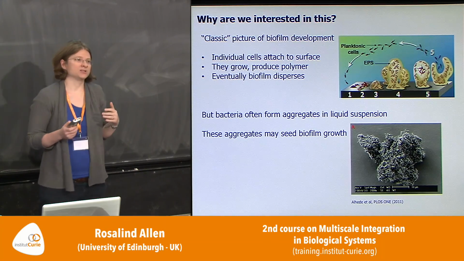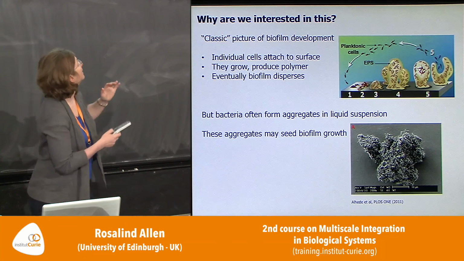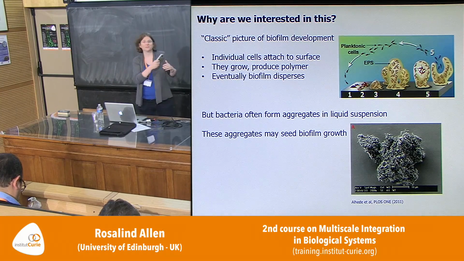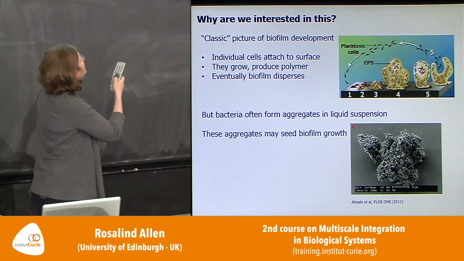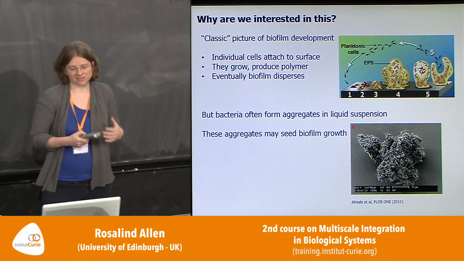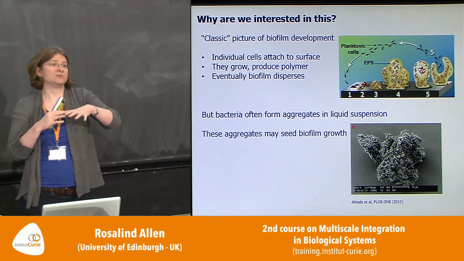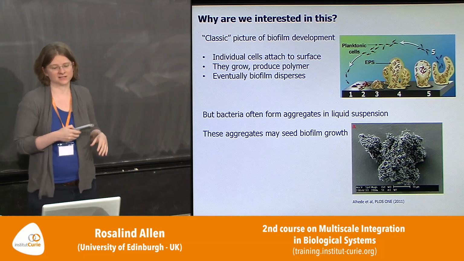The classic picture of how biologists think that biofilms form is illustrated here. You have individual bacteria swimming about in a liquid medium of some kind, and every now and then one of them attaches to the surface. Once it's attached, it starts growing and dividing and making little microcolonies, and also producing sticky polymer that sticks it to the surface.